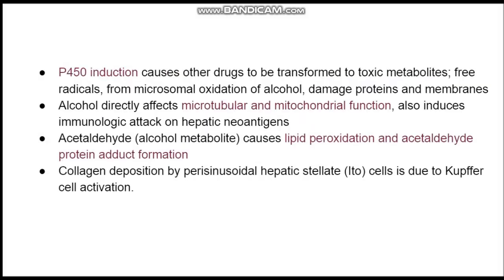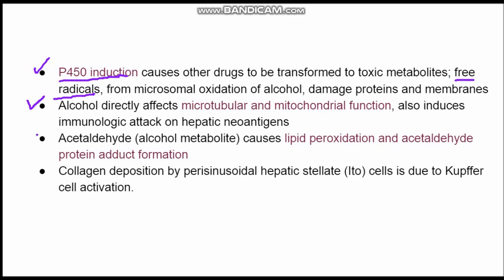So NADH has the first role in increasing lipid biosynthesis. Then the second method by which alcohol affects is cytochrome P450 induction. Alcohol acts as an inducer for this, and reactive oxygen species, the free radicals, are formed, and they can cause damage to proteins and membranes. Then alcohol also directly affects microtubular and mitochondrial function, which leads to immunological attack on the hepatocytes.